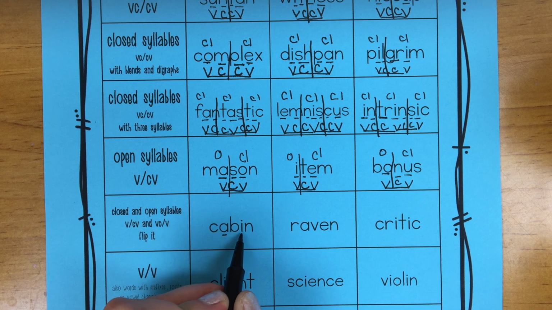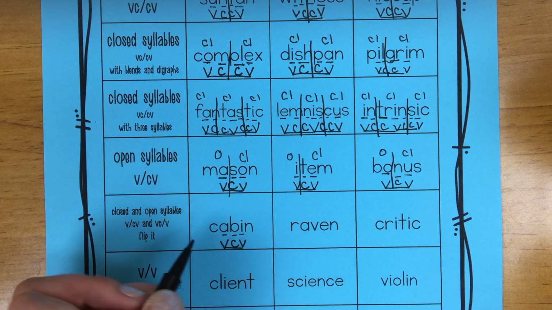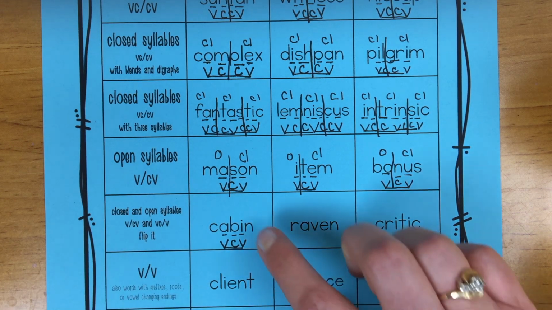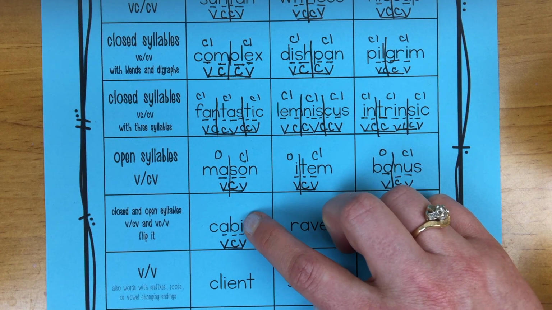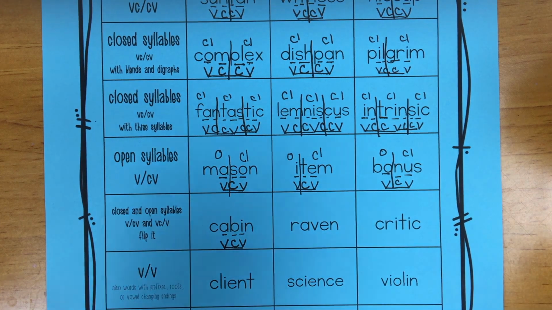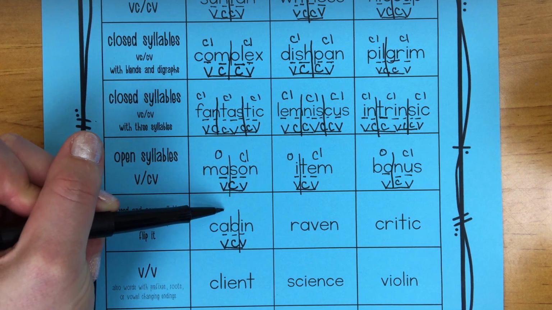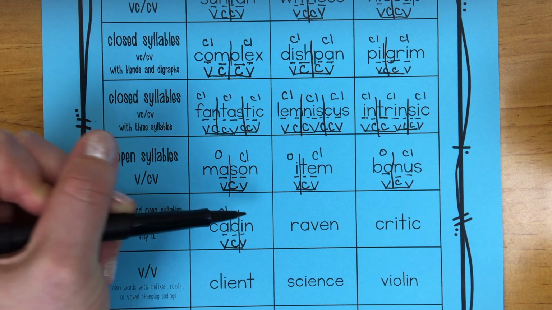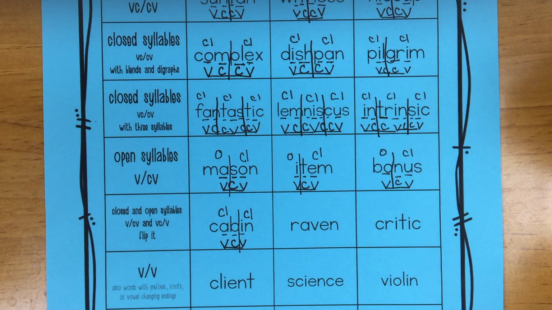I'm still going to find my first two vowel sounds, build my bridge, and label my consonant. Is it going to be K, bin, or cab in? Cabin is a word I know, so I can draw in my syllable. This syllable is closed. This syllable is also closed.